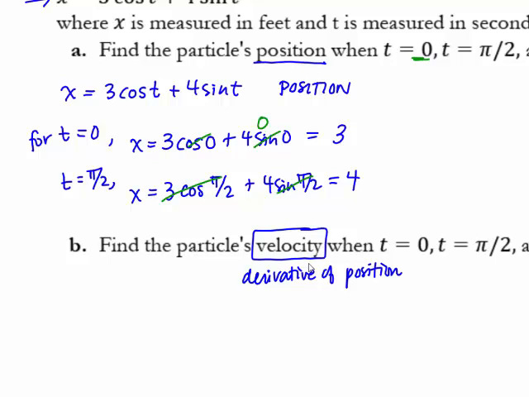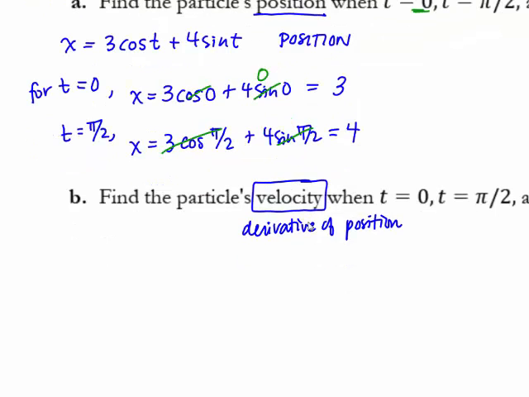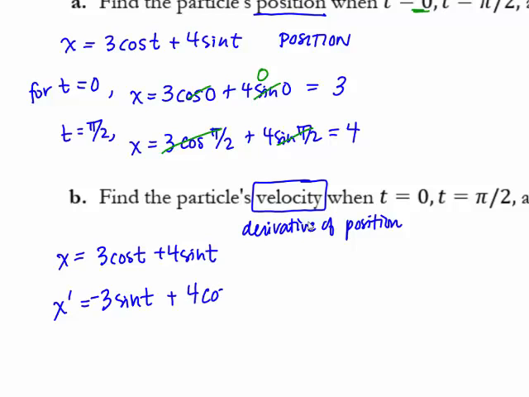So if we have a position function x in terms of t from above, 3 cosine t plus 4 sine t, we can find the derivative, x prime. 3 times the derivative of cosine is negative sine, plus 4 times the derivative of sine is cosine. This function, the derivative of the position, is the velocity.